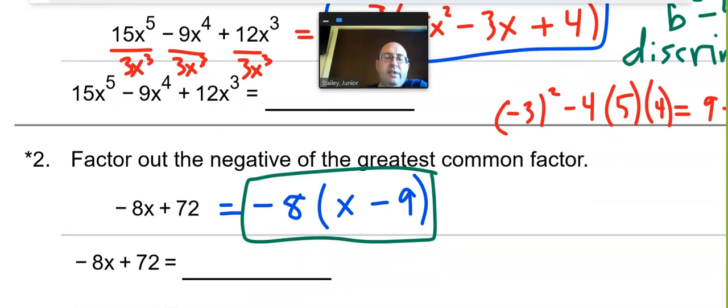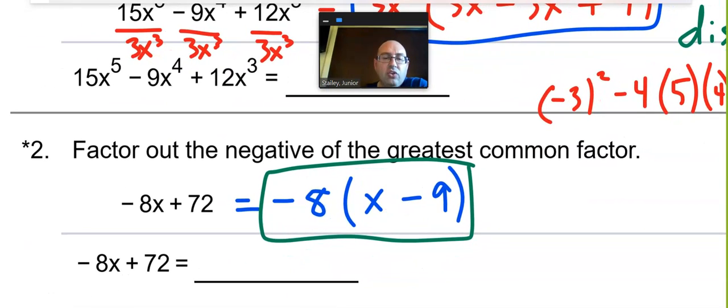Question 2. What if the factor is a negative? So we can have that situation occur. Typically, if I'm going to take a negative 8 out of these terms, what's that going to do to the first term? It's going to make it positive x. It's going to make the second one negative 9.